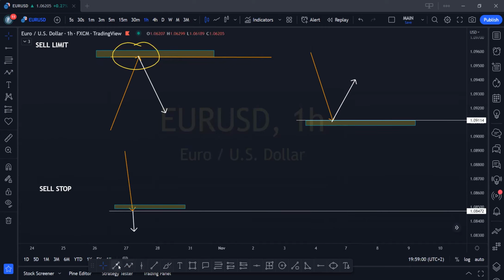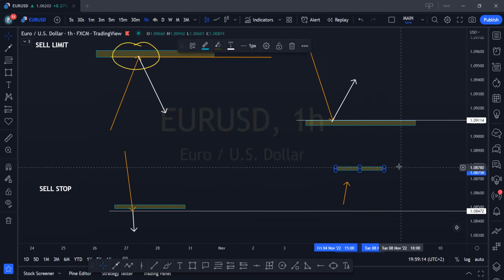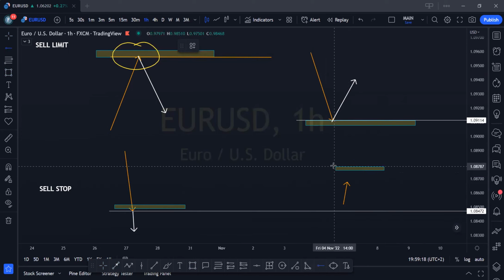So for a buy stop, let's say price is going up, right? And then based on your analysis, you are waiting for price to break a zone. So let's assume that the zone is up here. So as soon as price gets to this zone or breaks a particular point, let's say here, as soon as price touches this zone, you want to be entered into the market for a buy.